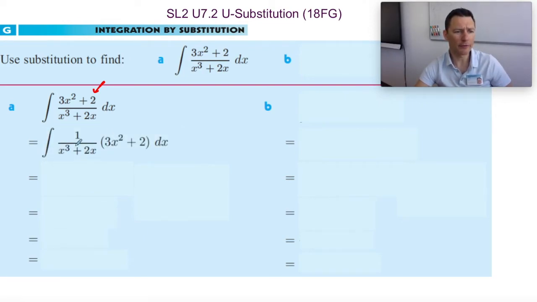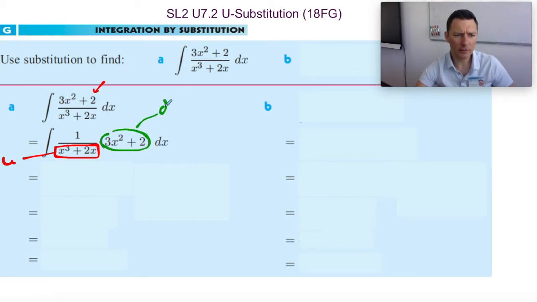Still, here's my function, and here's the derivative thereof. So might call this piece u, and therefore this piece would be du dx. Just means the derivative of u with respect to x, because we're calling this thing u.